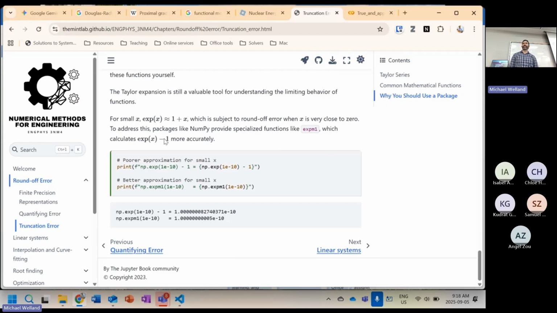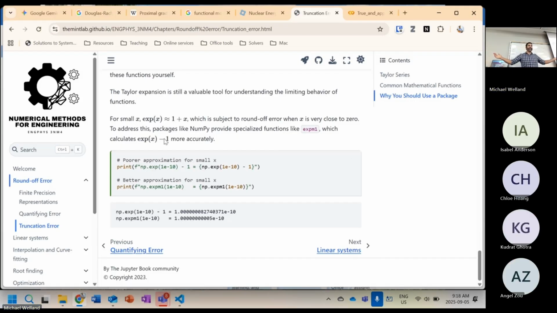I saw this commonly in Excel. This is the first place that I found it, because in Excel, sometimes what you're going to do is exponential decay. How many people are in 3D04? How many people are already doing exponential decay? Exponential decay is kind of a big thing, especially in radioactivity. And if you go down to close to 0, close to your initial time, you still want an accurate number, because that's your actual radioactivity after the decay half-life.